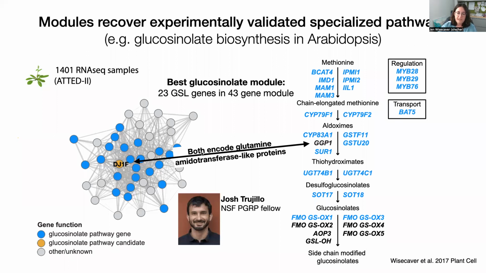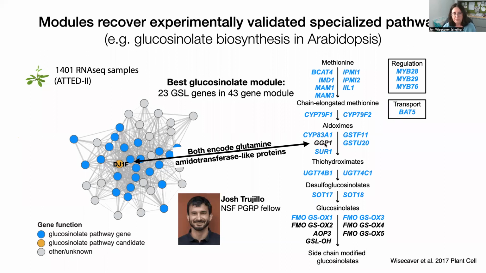And so DJ1F has been perhaps overlooked because it was never included in that original microarray chip. And so this is something that a postdoc in my lab, Dr. Josh Trujillo, is interested in investigating to see if DJ1F, rather than, or perhaps in addition to GGP1, is participating in glucosinolate biosynthesis in Arabidopsis.